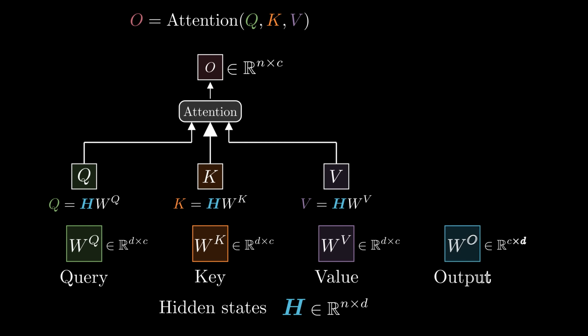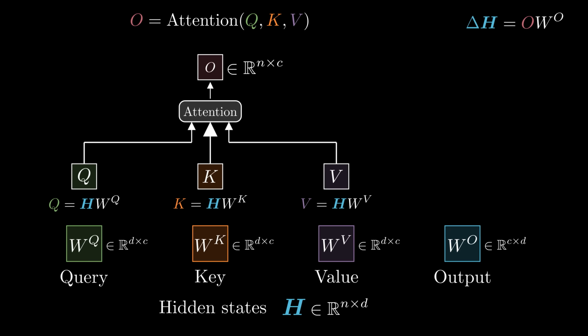Therefore, we use an output matrix, WO, to project the output vectors back to the same dimensionality as the hidden states. This output matrix has dimension c by d. We then add these residual embeddings back to the original token embeddings to inject the contextual information. Self-attention allows the model to enrich each embedding with context from the entire sequence, ensuring that every refined embedding captures all relevant relationships and details.